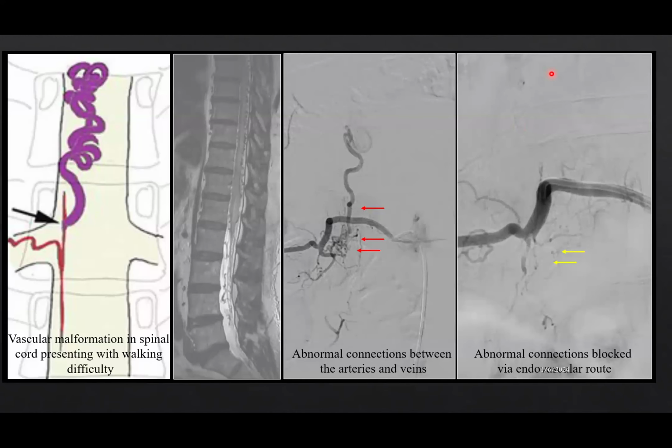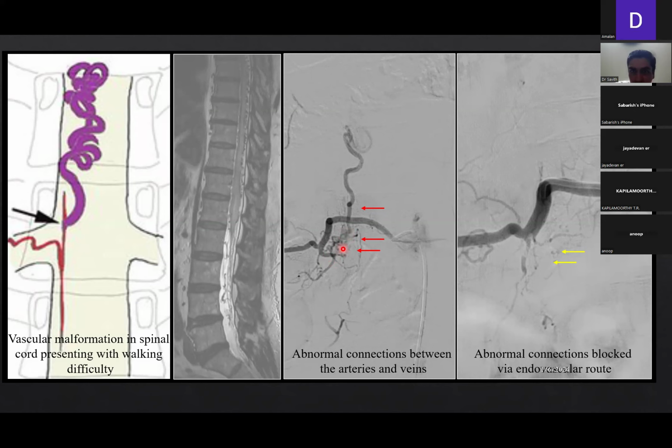So this is the spinal angiogram. There was an arteriovenous fistula. The fistula site was not in the region of the neural foramen, but rather within the spinal canal.